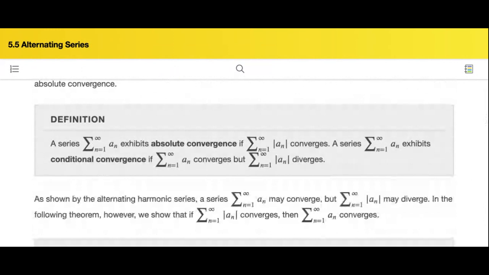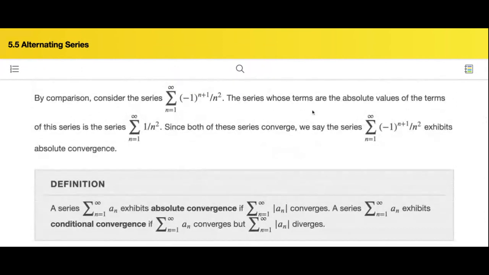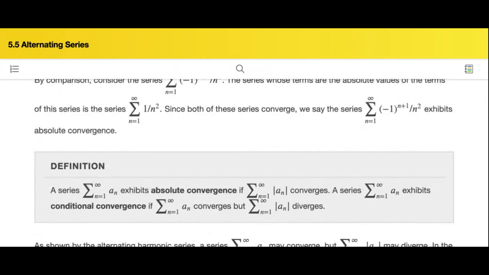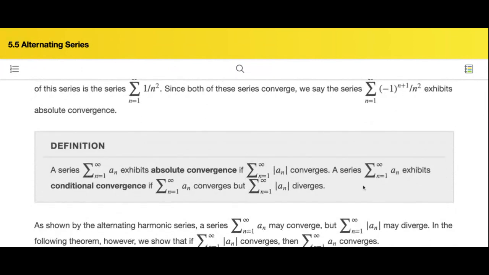Definition. A series exhibits absolute convergence if the series of its absolute values converges, just like the second example, the alternating p series. The absolute value of it is just a p series. The p series converges, and the alternating p series converges, so it's absolute convergence.